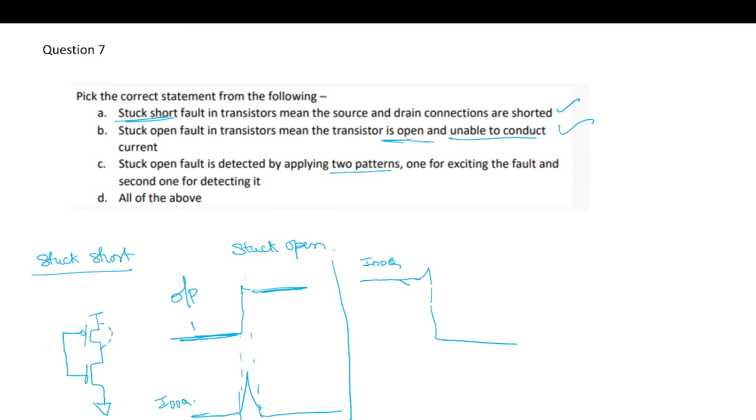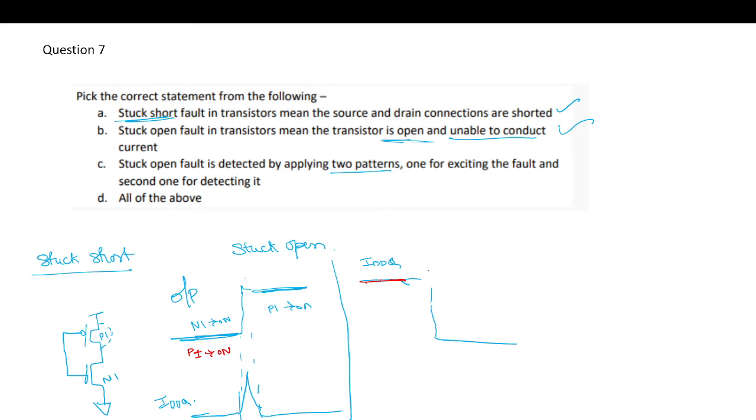Because here, let's say P1 and N1, here the P1 is going to be on, and here the N1 is going to be on. Because of the fault, P1 is also going to be in the on state. Because of that, there is going to be a current in the short path.